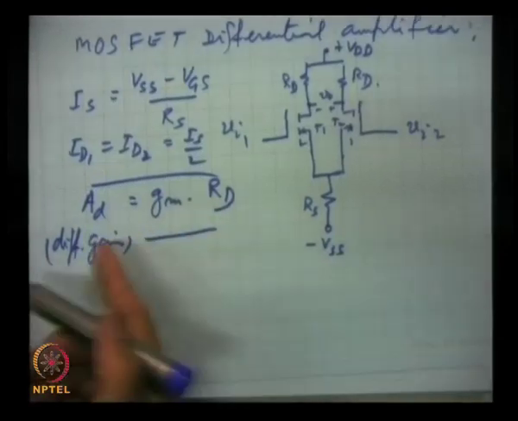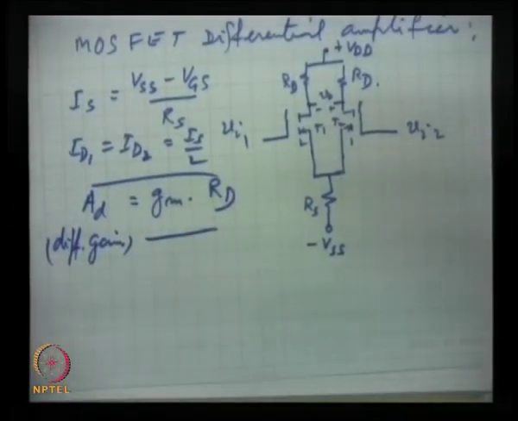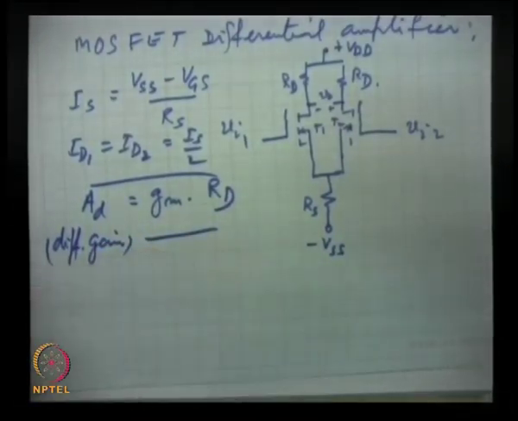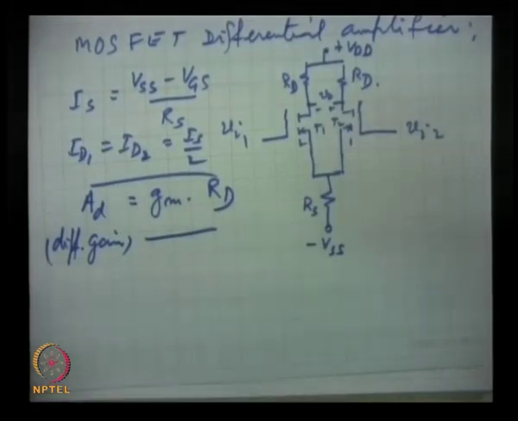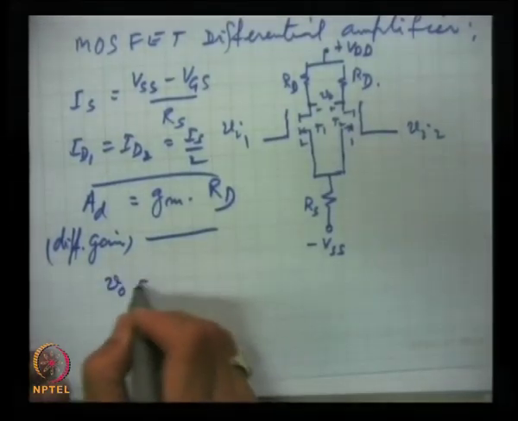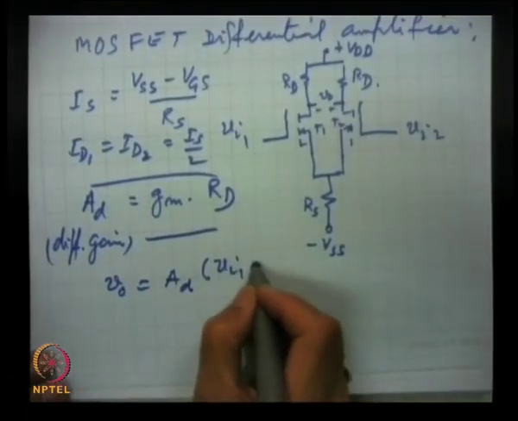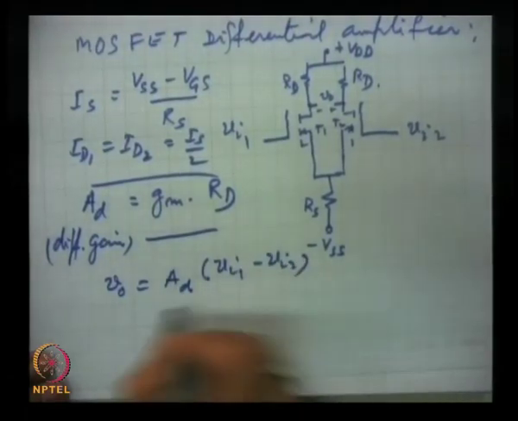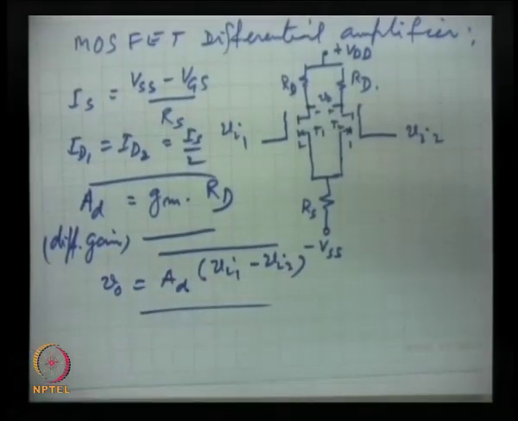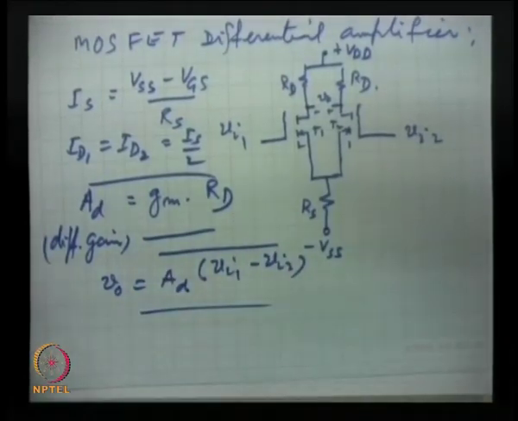This also for a MOSFET we have derived this relation. So, this is the voltage gain, and V0 will be AD into VI1 minus VI2 as usual. So, this is the differential amplifier.